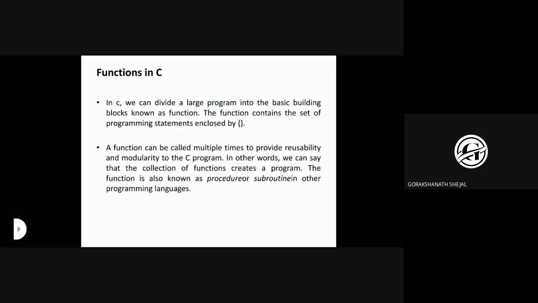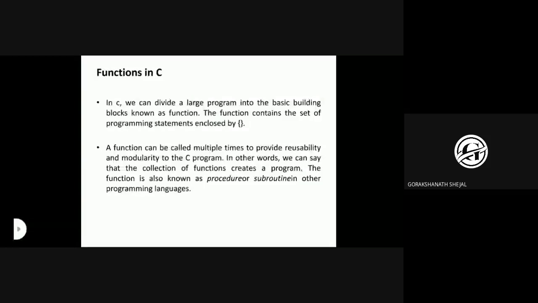Similarly, now relate this example. In a program we are writing the main function. There is a tool called a compiler. Compiler compiles and executes our program. First of all, it compiles our program. Compiling means that every statement in the program has some syntax.